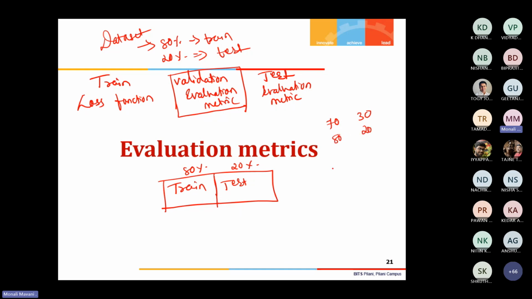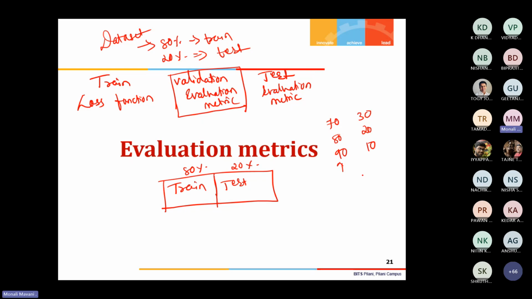If you have, say, 1 lakh data points, you can have a 90-10 ratio. The test set is just to check that whatever parameters you found during the training are good parameters and will give good predictions over unseen data points.